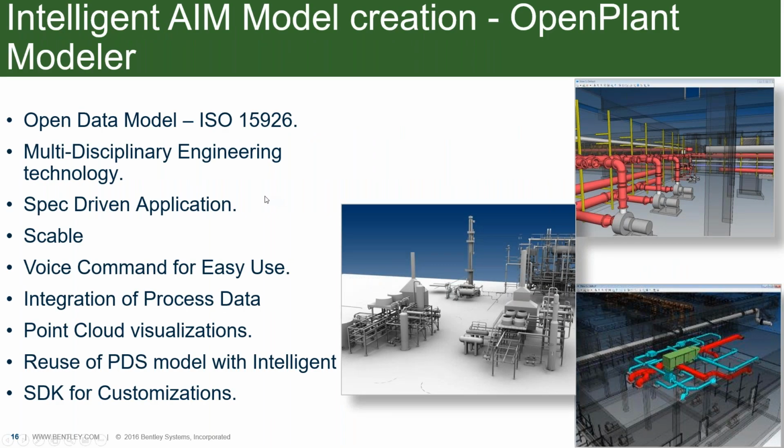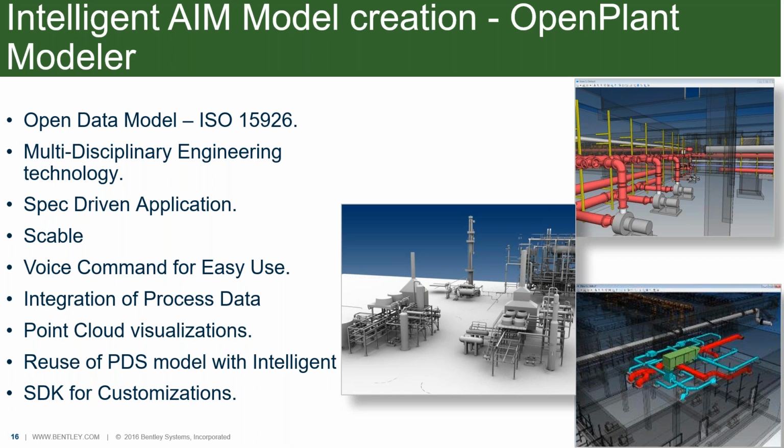So now we have seen about the OpenPlant P&ID. As a next step, I will get into the 3D modeler environment. Again, it's an application which is developed based on the ISO 15926 standard. ISO 15926 stands for storing the data format at the open level.